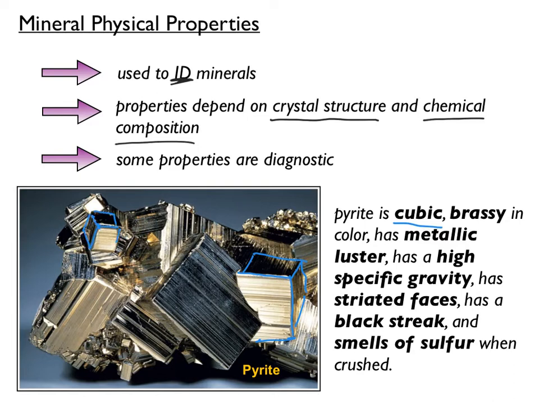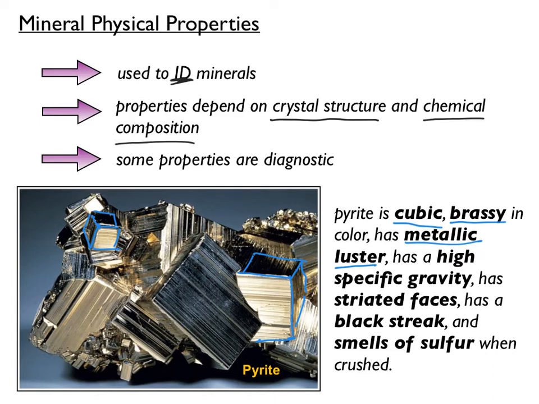But it's cubic, but it doesn't look anything like halite, right? Because it has a very brassy color. Its luster is metallic, so it has a sheen to it that makes it look like the crystal faces are pieces of metal. It has a high specific gravity, so it would feel very heavy if you were to hold it in your hand.